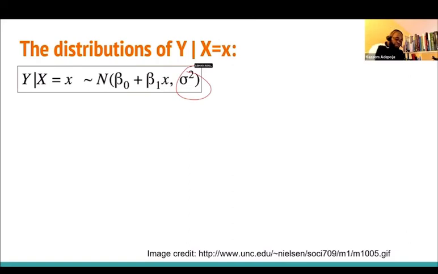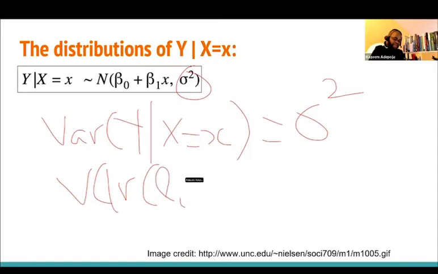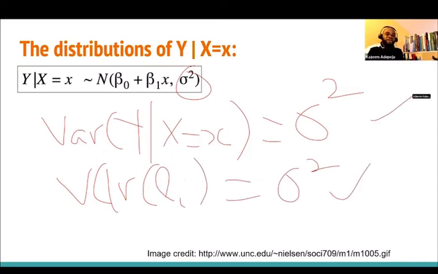The variance of y given that big X equal to small x is equal to sigma squared. And don't forget, the variance of e_i is also sigma squared. So the variance of error in a linear regression model is the same as the variance of y given that X equal to small x. They are the same. That is the implication.